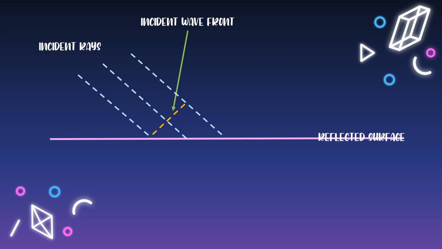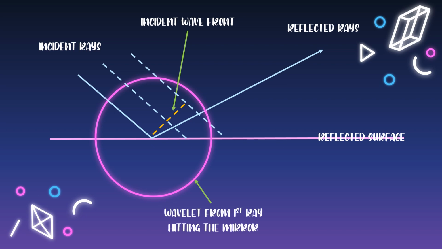Because the light waves hit the surface at a slant, they do not all arrive at the same time. When the leftmost wave hits first, as you can see, we have the incident ray, and if we have incident rays, we also have reflected rays. Going back, Huygens would start a wavelet at that point.